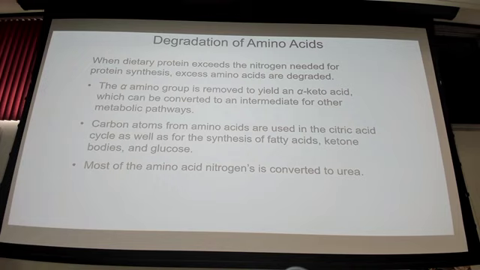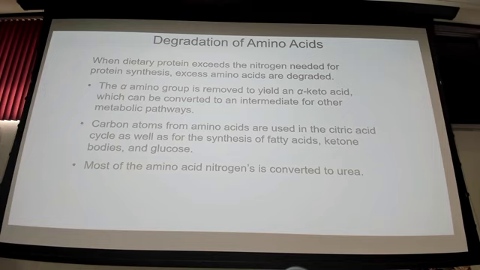So, the body must maintain a protein balance. When we consume excess protein, that protein is broken down for other sources. The amino group is removed, leaving that carbon skeleton that I mentioned earlier, which will yield an alpha keto acid.